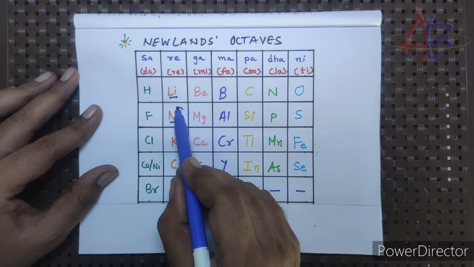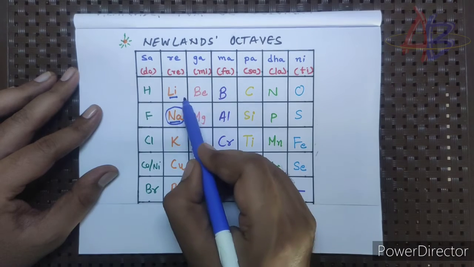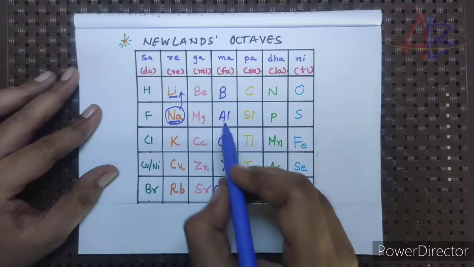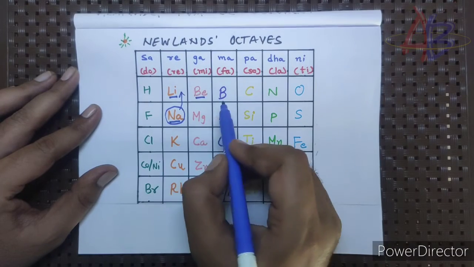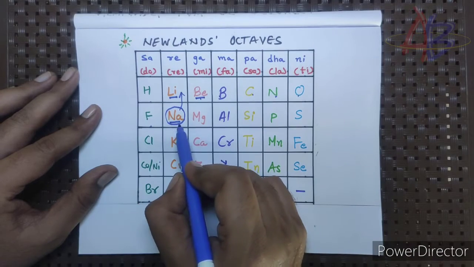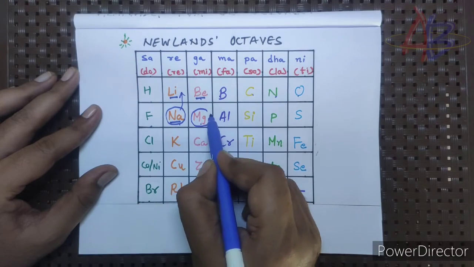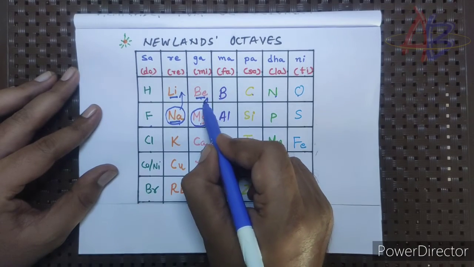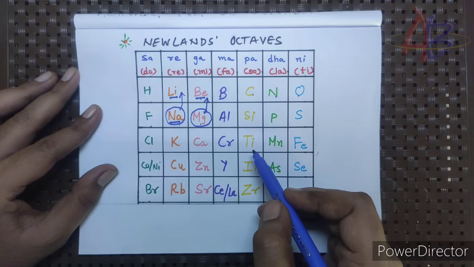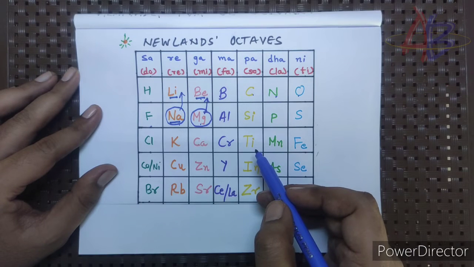That is, the eighth element here is showing similar properties to that of the first. Just like that, starting from beryllium 1, 2, 3, 4, 5, 6, 7, 8. Here magnesium is the eighth element after beryllium, so it exhibits similar property to beryllium. Therefore, this is also known as the law of octaves.